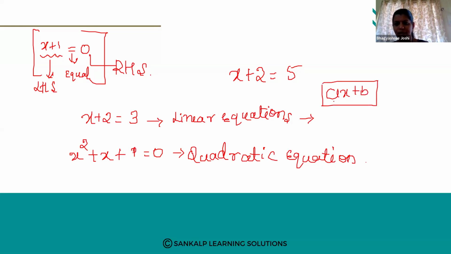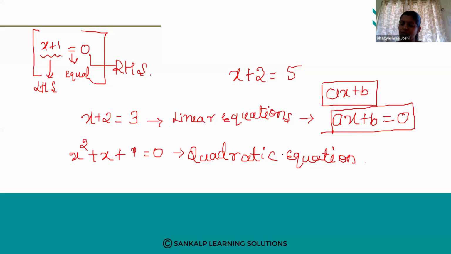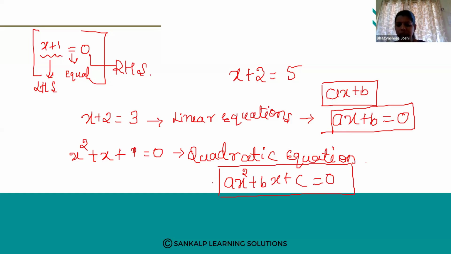But in case of linear equations, here ax plus b equal to 0. Here we are equating this polynomial to 0. Therefore, this is the standard form of linear equation, that is ax plus b is equal to 0. And for quadratic equation, ax square plus bx plus c is equal to 0. This is the standard form for quadratic equation. Right?